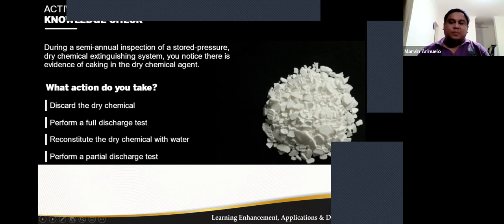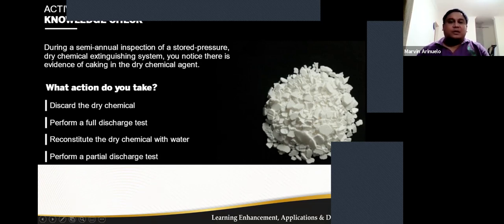Next, during a semi-annual inspection of a stored pressure dry chemical extinguishing system, you notice there is evidence of caking in the dry chemical agent. What is the necessary action that you need to take? If it is caking, you see here guys, they are coming together, forming like a solid. The powder is becoming solid, probably due to contamination by some moisture, I think.